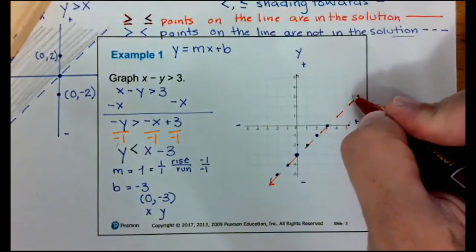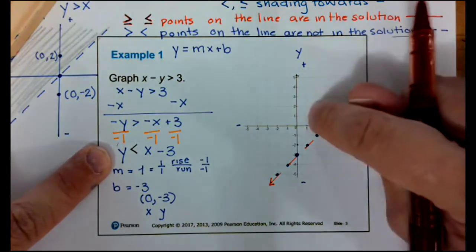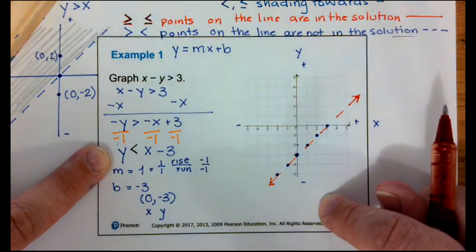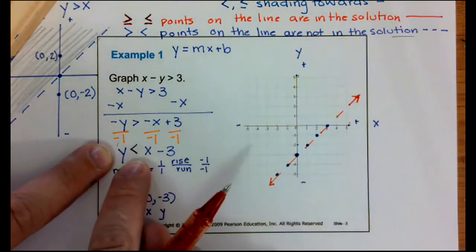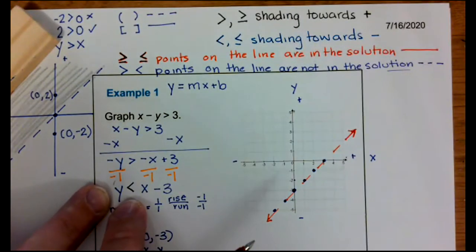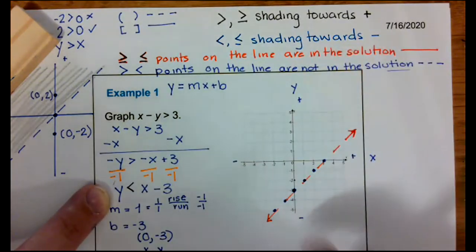And now I need to decide on y. So do I need to go towards positive y or towards negative y? It says y is less than. Less than means shade towards negative y. Negative y is down, so I'm going to shade down.